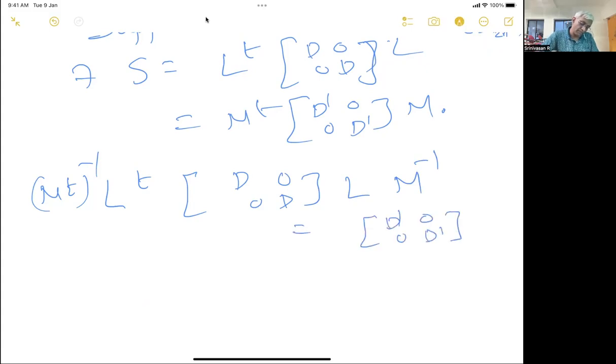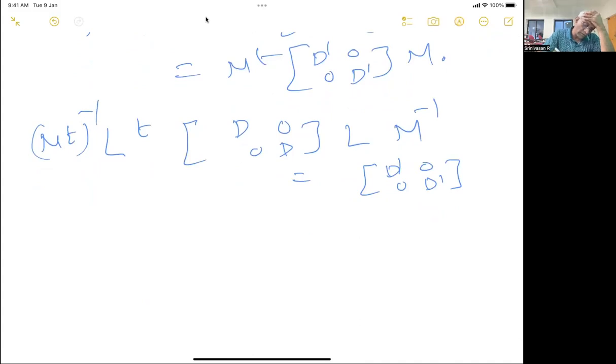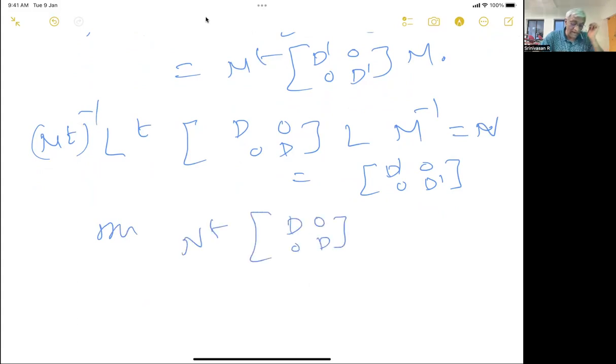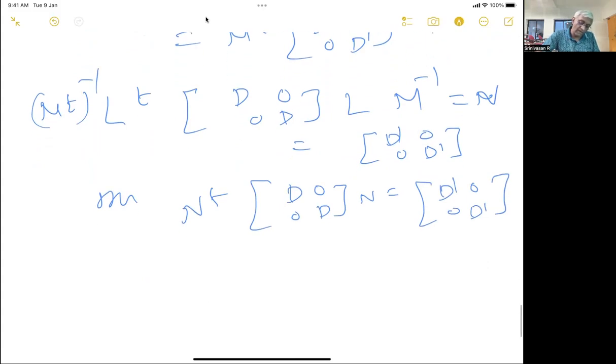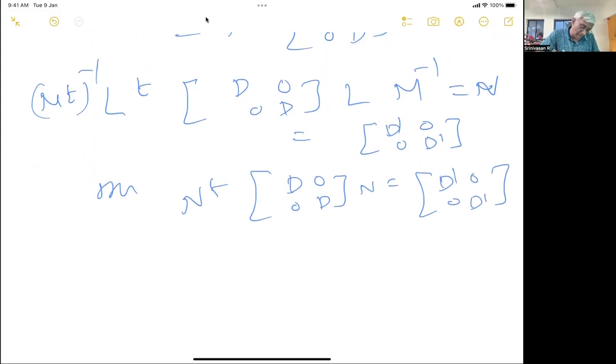Let me call this N. Then N transpose D 0 0 D N equals D prime 0 0 D prime. But this is not enough. N is symplectic, since a product of two symplectic matrices is symplectic again. So N transpose J N equals J.